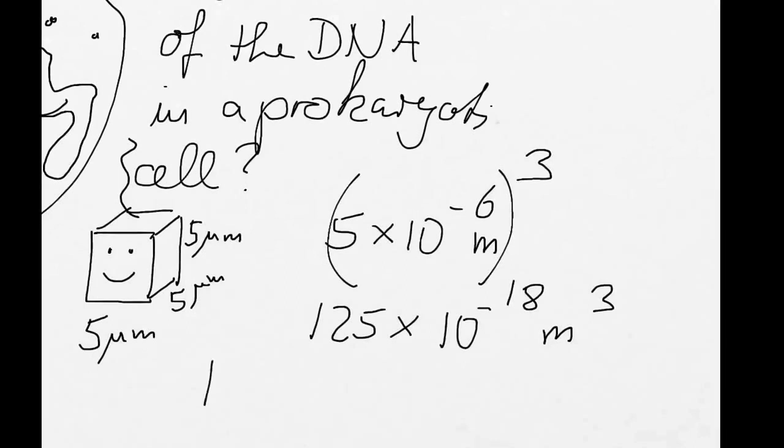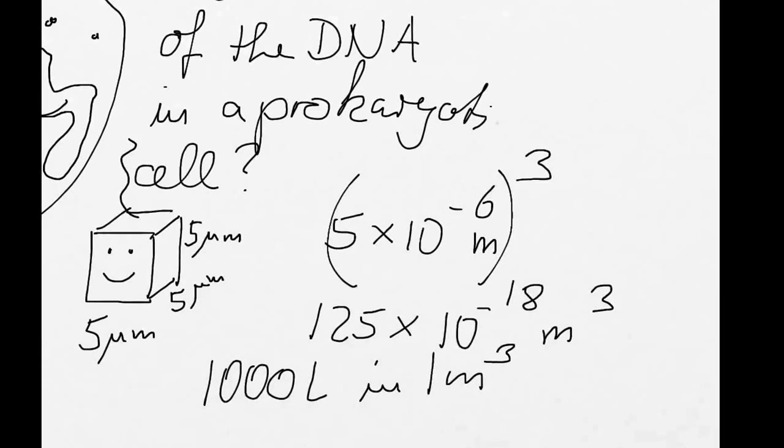So we've got 1,000 liters in 1 cubic meter. Okay? So these are all very useful information.